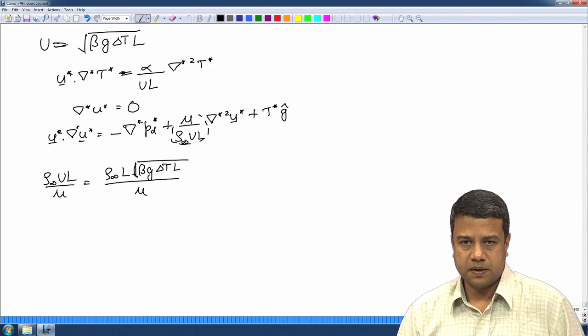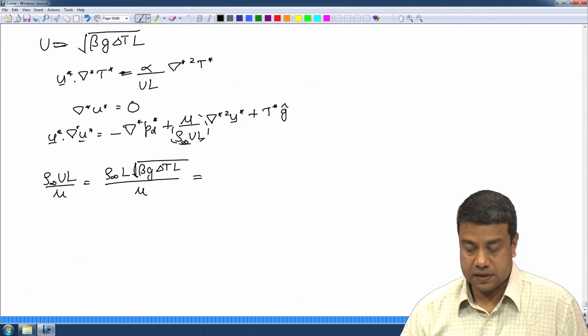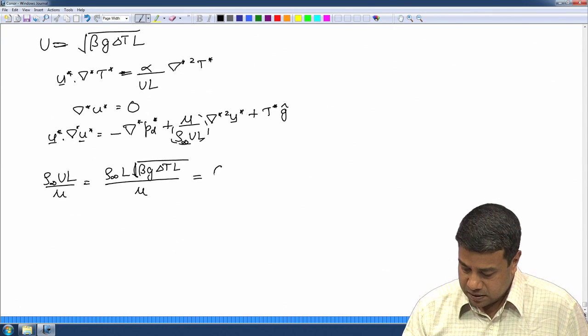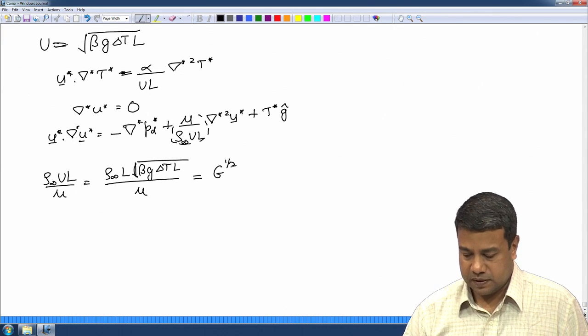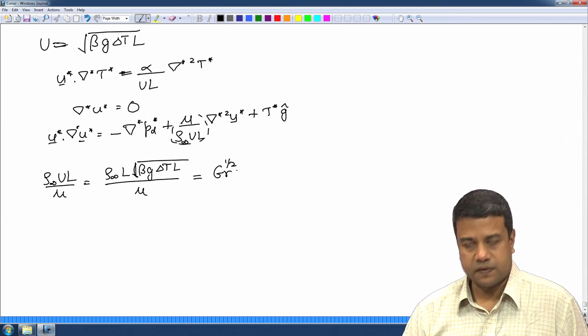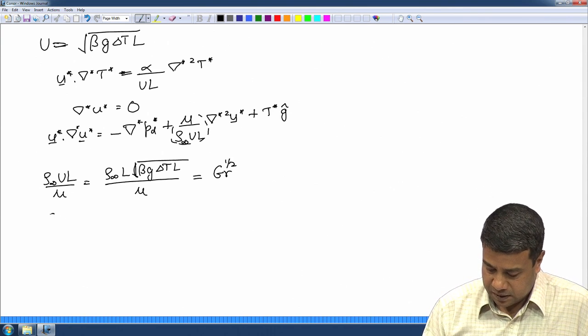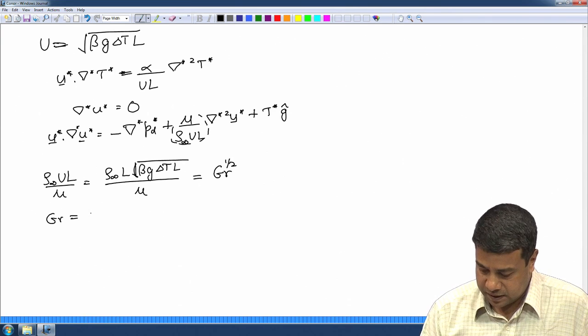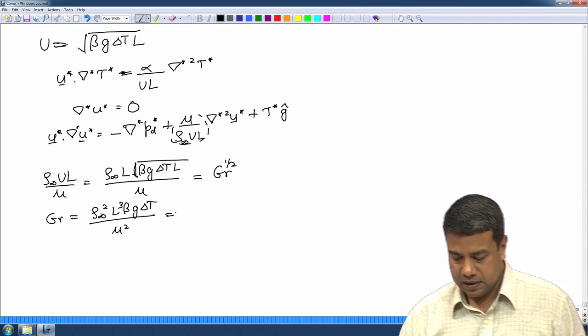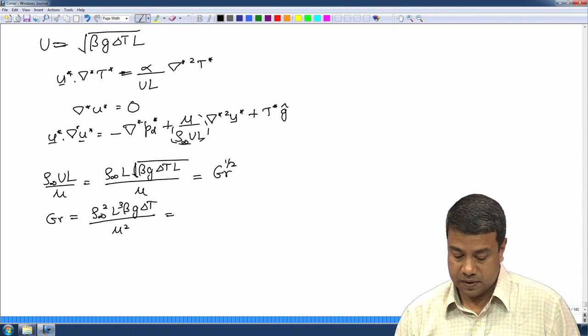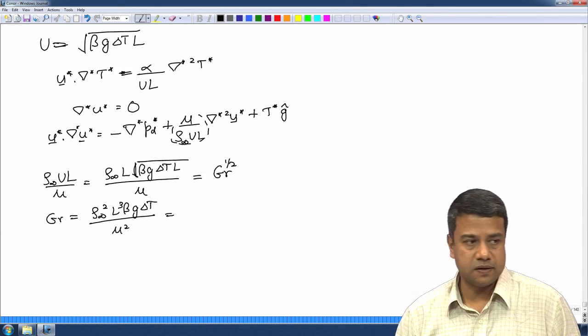This dimensionless number is actually the square root of the Grashof number, where the Grashof number is defined as rho infinity square L cubed beta g delta T by mu square. It is the square of a Reynolds number based upon the characteristic velocity due to convection.